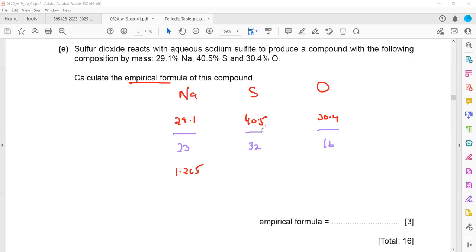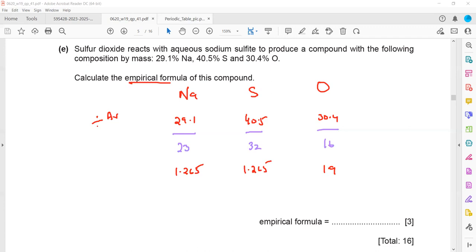What about 40.5 divided by 32? 1.265. And 30.4 divided by 16 is 1.9. So this is step 1, we divide by the relative atomic mass.